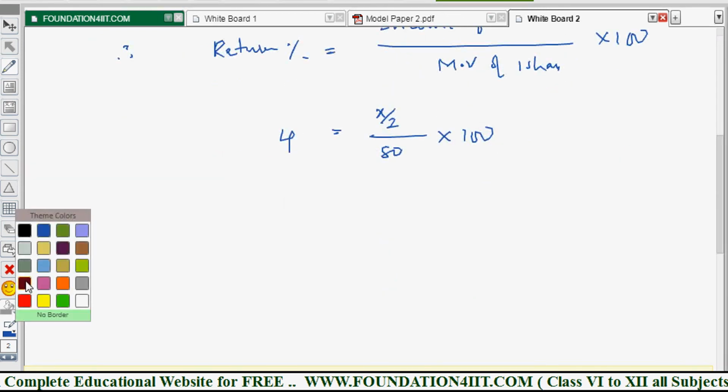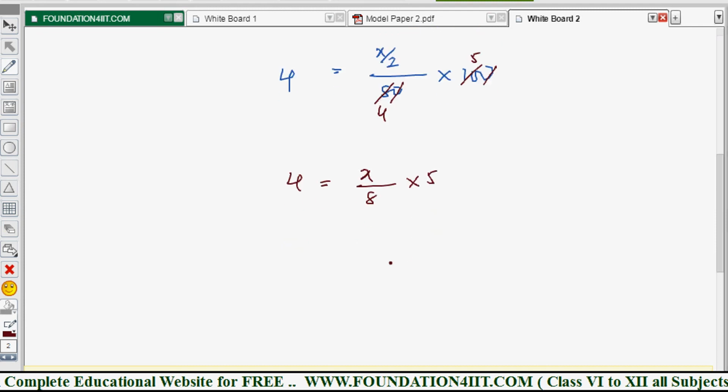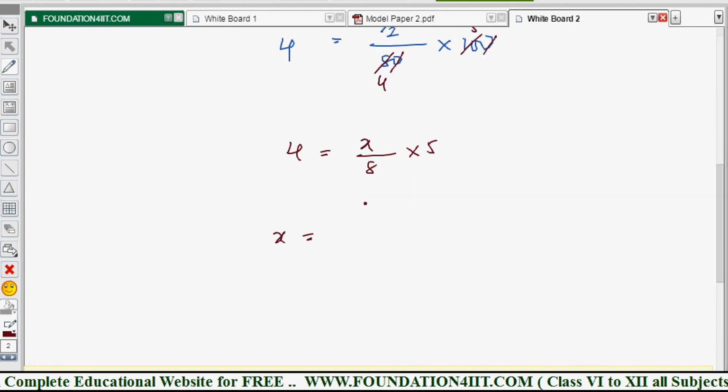Just cancel 0, 0 and 4, 5. Then 4 is equal to X by 2 into 4, that is X by 8 into 5. So using this, X is equal to 32 by 5. So that is 6.4%.